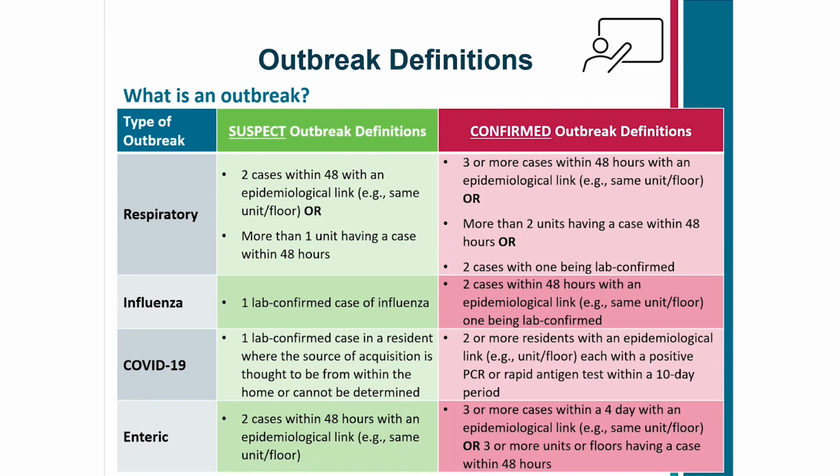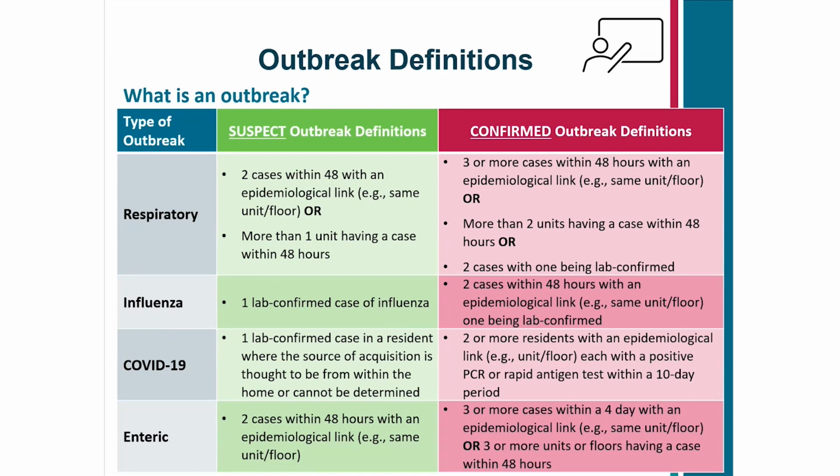That should, of course, be a trigger that you might have a respiratory outbreak occurring. And a confirmed respiratory outbreak is 3 or more cases within a couple of days, or possibly 2 or more units having cases within a couple of days. Or lastly, this one kind of fits in with the flu definition: if you've got 2 cases, with one being lab confirmed, that would be a confirmed respiratory outbreak.